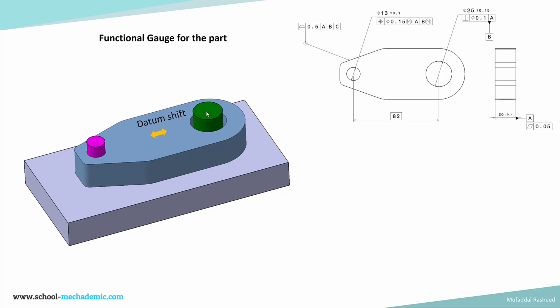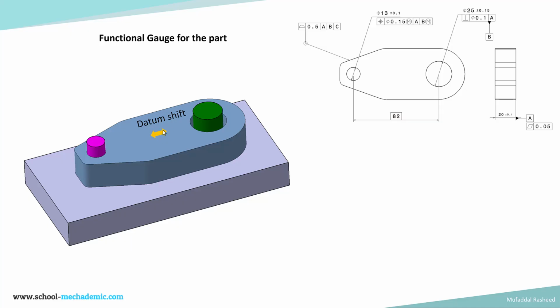This green color pin has a fixed size, and that fixed size is basically calculated based on this feature control frame. And then this pink color pin is inserted based on the basic dimension shown over here. If this pin is going through cleanly, then the part is okay, and this is called the functional gauge.